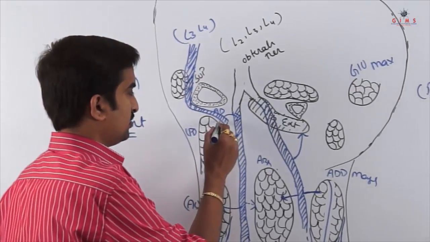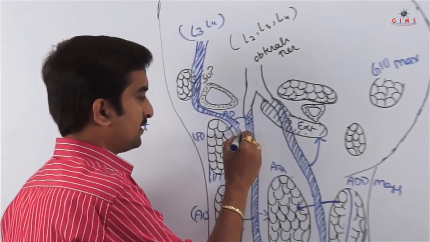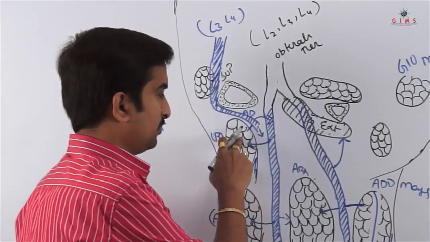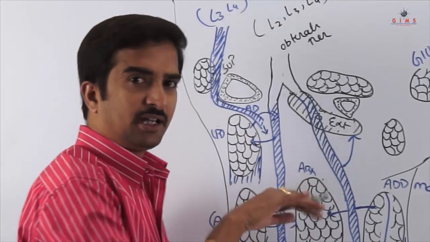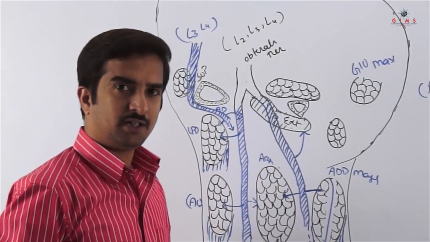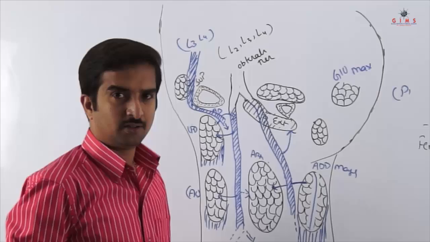To repeat, one branch innervates the hip joint, one branch innervates the pectineus, and one finally communicates with the anterior division of the obturator nerve.